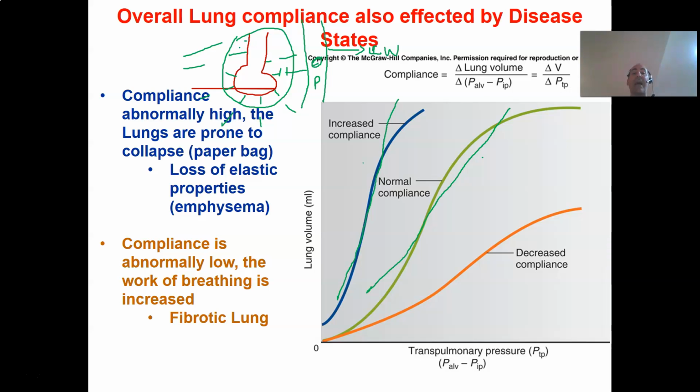So we use an active system. We use ATP to open up the lungs via the diaphragm muscle. And under normal circumstances, the diaphragm is doing most of the work. And then on the way out, we just relax and we expire. So we're using minimal energy on expiration, right?